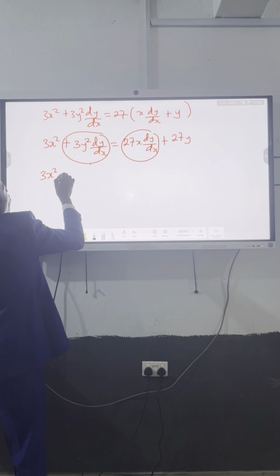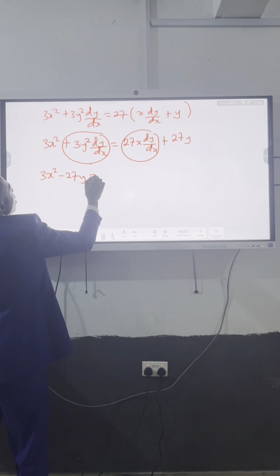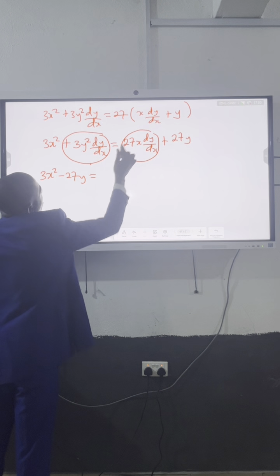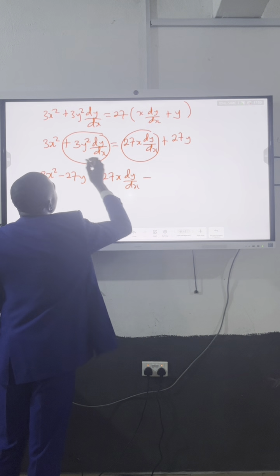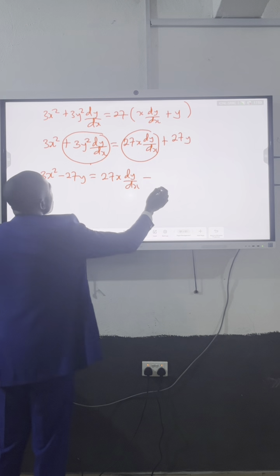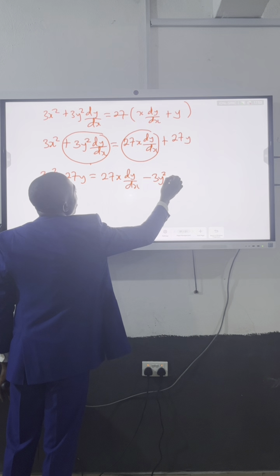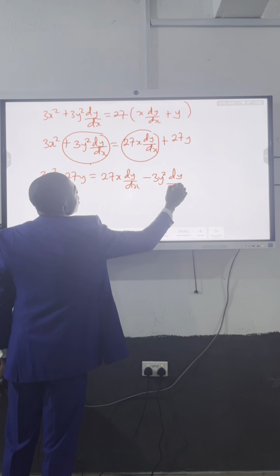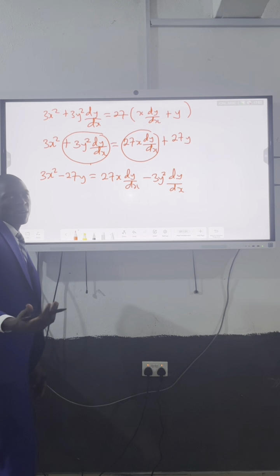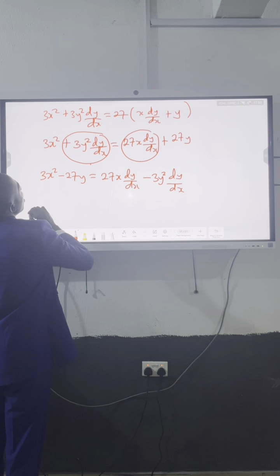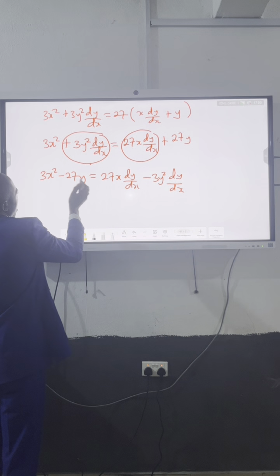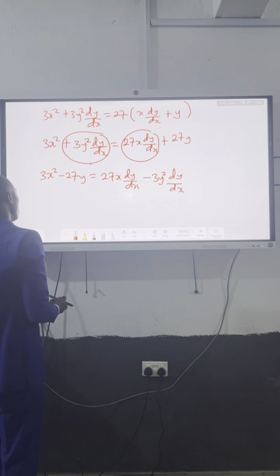So we're going to have 3x squared minus 27y is equal to, so we move this one to meet this one, we now have 27x dy/dx minus 3y squared dy/dx, because this has plus, so when it goes over, it becomes minus. I hope you are following. Now, they cannot be subtracted because they are not alike.